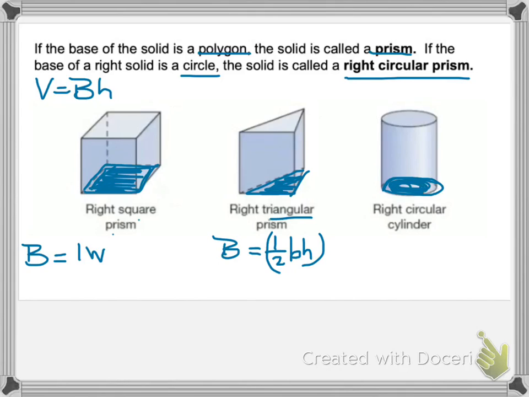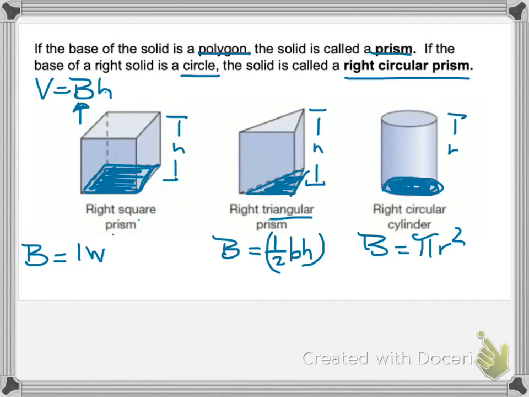And my base here is a circle. So the B in this instance would equal pi r squared, the area of the base. And then to that we multiply the height to find the volume of all of these. Here's my height here, here's my height here, and here is my height on my cylinder. Okay, so that's how we find the volume of any of these figures.